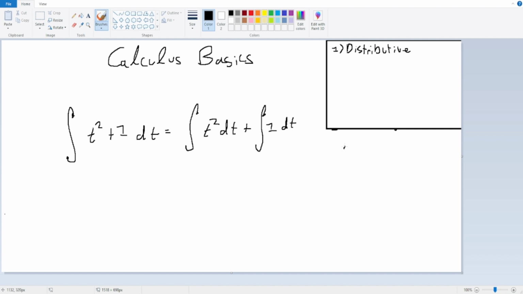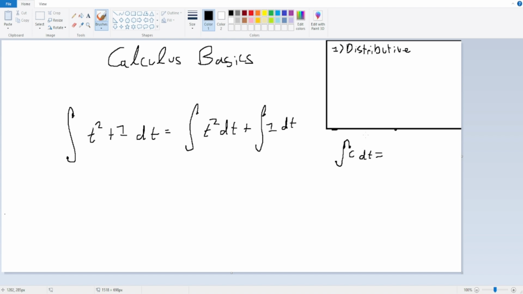Now, we're going to start with the integral of c. So the integral of c dt, the integral of any constant, so this c could be pi, it could be e, it could be y, remember, because y is not with respect to t.